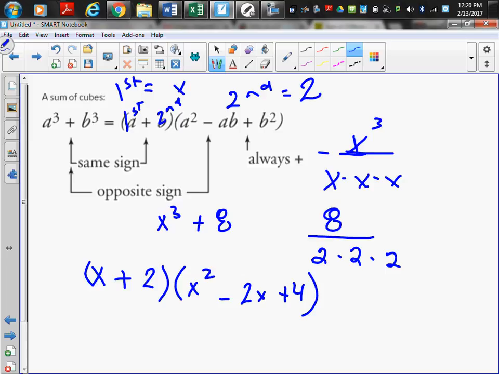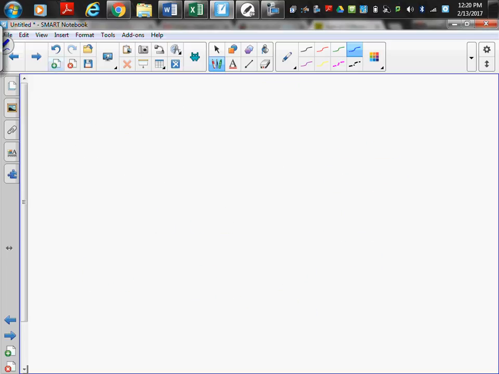All right, let's look at another example. All right, so r cubed plus 27. So the first thing you do is you start by factoring each piece, the first piece and the second piece. So this is r times r times r.